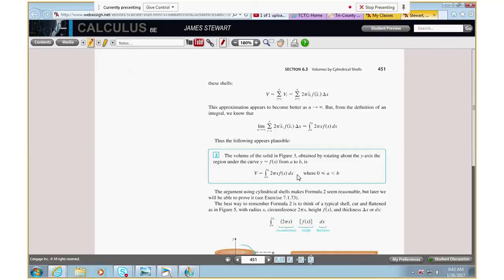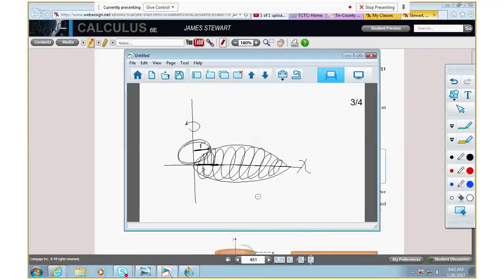Well, let's go back to our handy-dandy drawing. The height of this football is what? The actual equation, or the function. So to find the volume from 0 to whatever, the antiderivative of 2 pi r h.